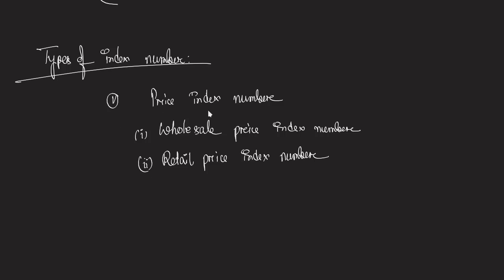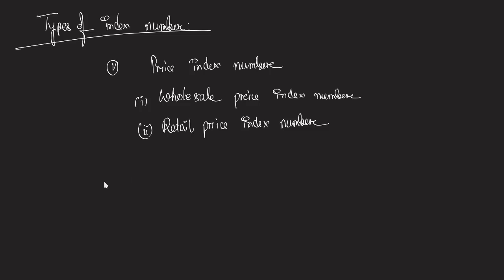So price index number has two types, one wholesale and one retail. Number 2 is quantity index number. And number 3 is value index number.